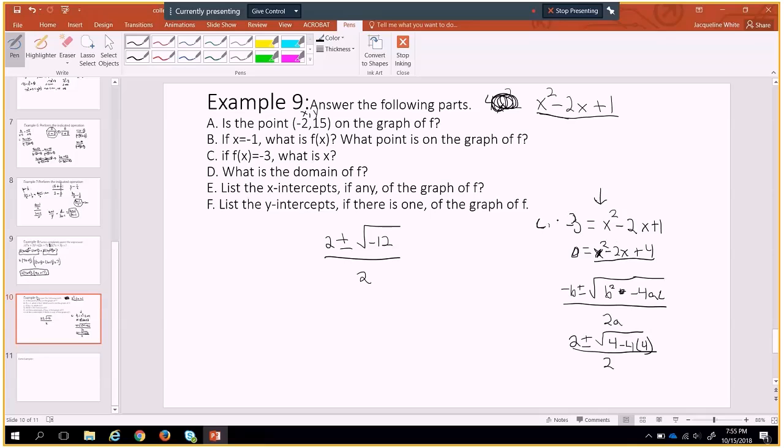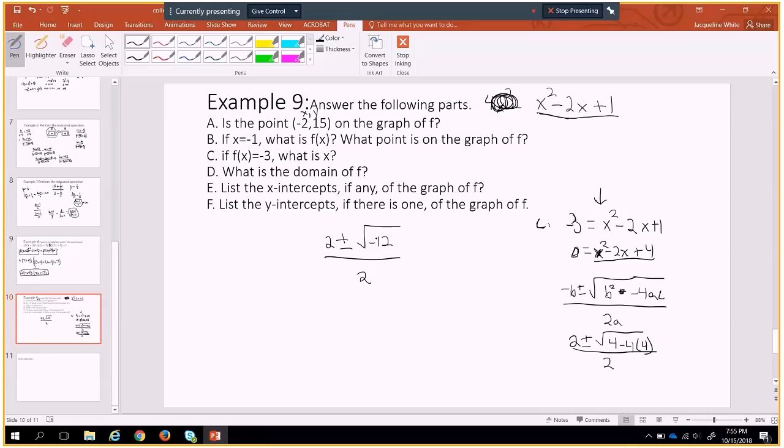Same exact process. It's just that in this particular equation, we can't really solve for our x's because there's a negative inside the square root, and that once again is going to give us complex numbers, which you guys aren't going to deal with just yet, but you will later on in the semester.